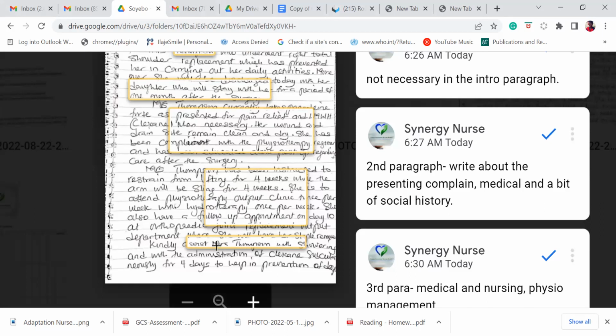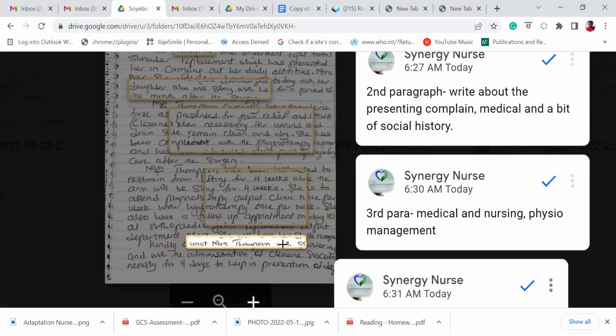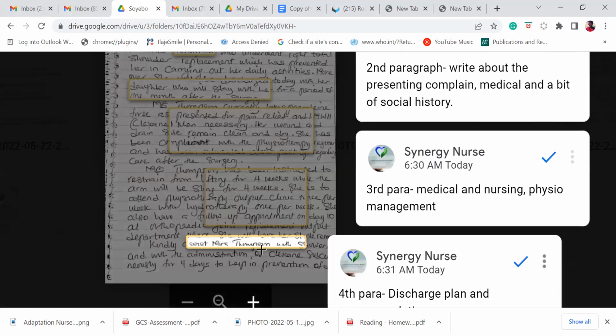And then you can have the fourth and last paragraph that will talk about what did I put here? The discharge plan and recommendation for this patient. Like, patient has been instructed to continue to use the sling for 4 weeks and to refrain from lifting.